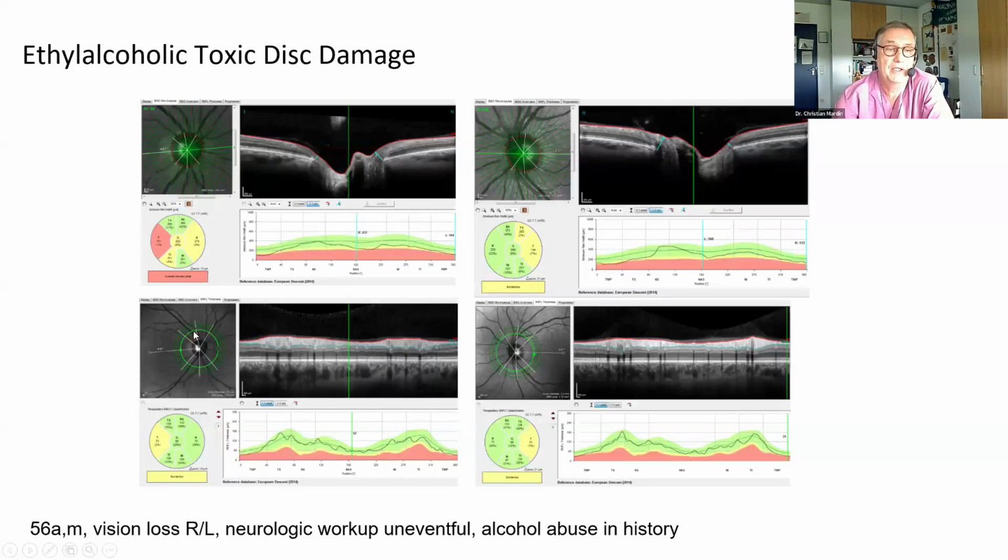And when you look at the nerve fiber layer thickness, you see a thinning of the nerve fiber layer in the borderline area temporally. The rest of the retinal nerve fiber layer is nicely preserved. When we look at the ganglion cell layer thickness in the deviation maps, we see again this red ring of ganglion cell loss on both eyes, indicating something neurologic going on.